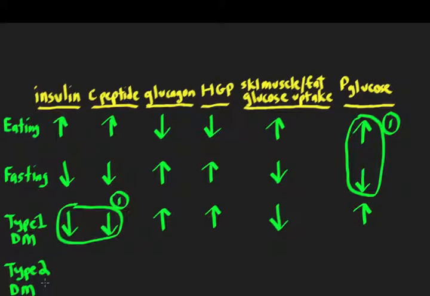And what initially happens is the plasma glucose is going to go up, because the insulin effects are not going to be working very well, right? So glucagon is high, hepatic glucose production is high, skeletal muscle and fat glucose uptake is low, all right? And plasma glucose is elevated.